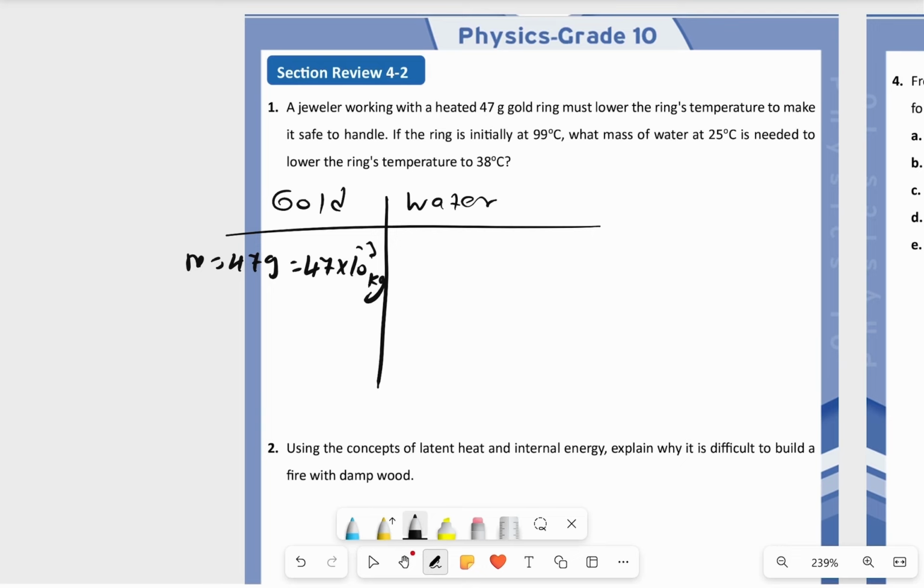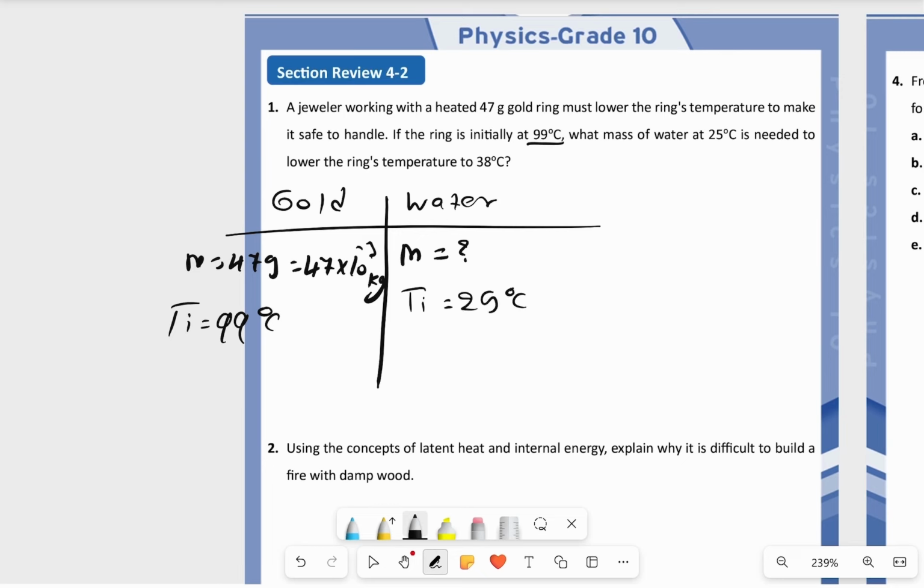Now, the ring is initially at 99 Celsius, so T initial is 99 Celsius. What mass of water at 25 Celsius is needed to lower the ring's temperature to 38? We don't have the mass of the water, so we don't know it. The T initial for water is 25 Celsius.